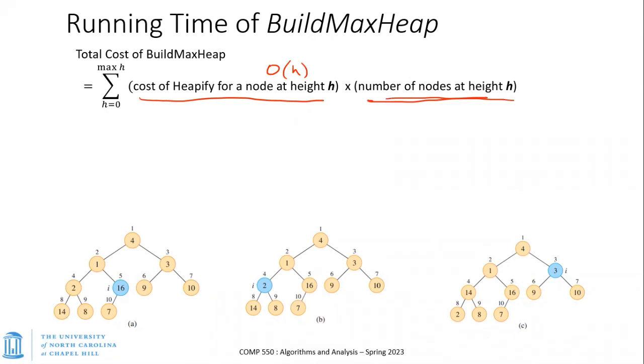As Carl had mentioned earlier, as we go from height 0 upwards, the number of nodes at this particular height is large, but it's becoming smaller, while the cost O of h is becoming bigger. So the number of times you multiply O of h becomes smaller, and O of h becomes bigger. Starting with this expression, let's go forward.